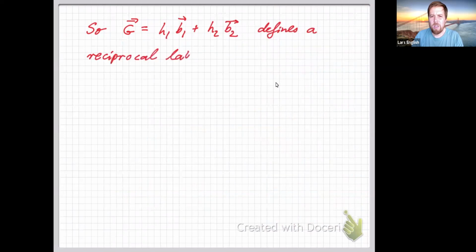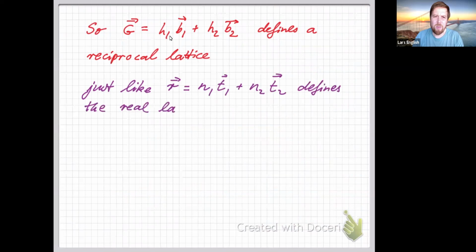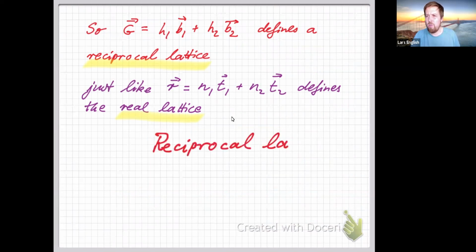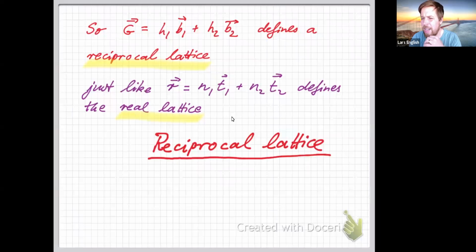Okay, so just to summarize then, we see that this G here is a reciprocal lattice vector, and the set of all G's defines a reciprocal lattice. Just like R here is a real location in space of an atom, the set of all R's defines the real lattice. And so we get these two lattices that go together, the real lattice and the reciprocal lattice. So let's take a look at the reciprocal lattice.